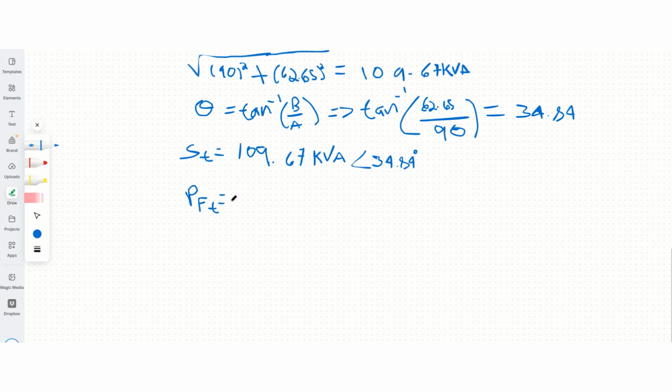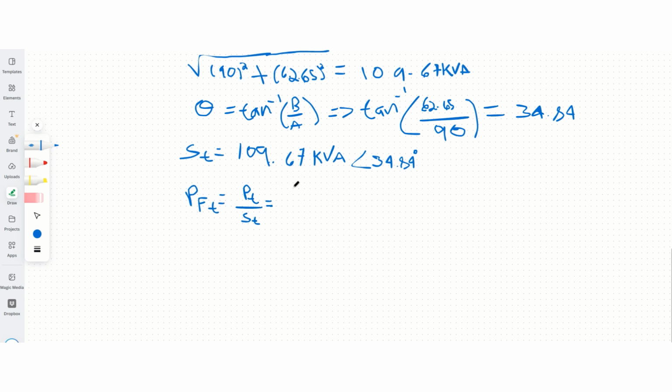We need the total power factor that we got from part one and part two. Remember, it is the total real power over the total apparent power.